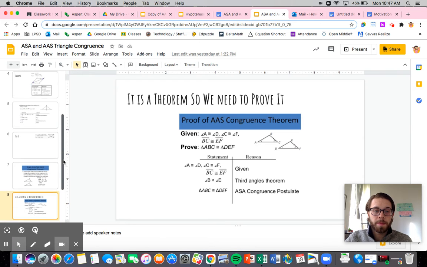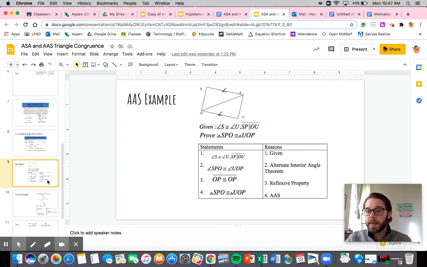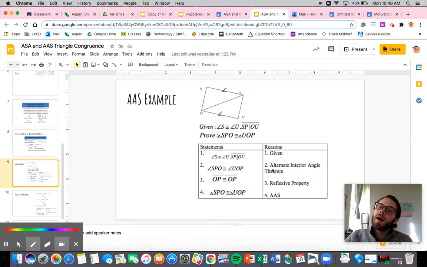All right. Now let's actually go through and look at an example of it. So based on what we know, once again, same thing, parallel lines are going to give us angles, and then we're also given angles. And you can look and see we have a shared side, so reflexive. Now, alternate interior angles, once again, are going to be what we are able to do.